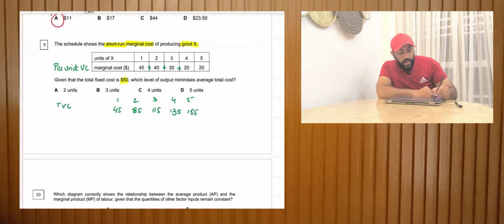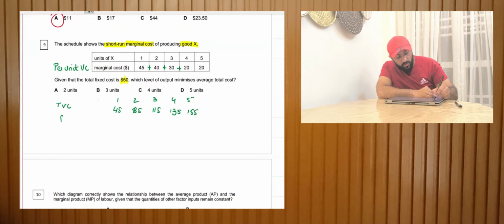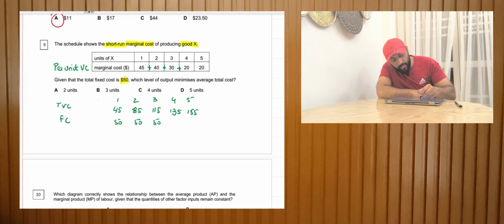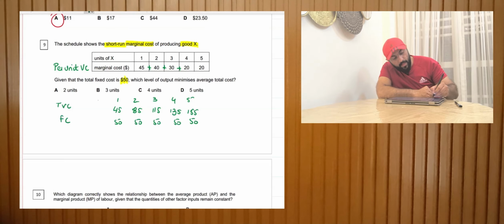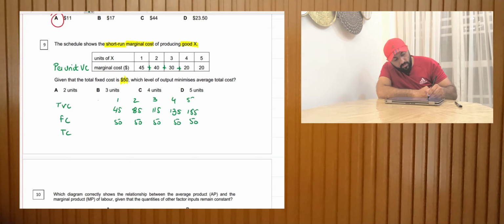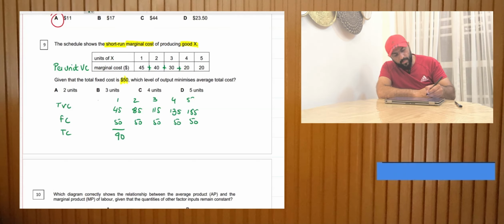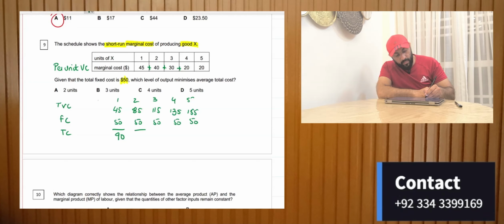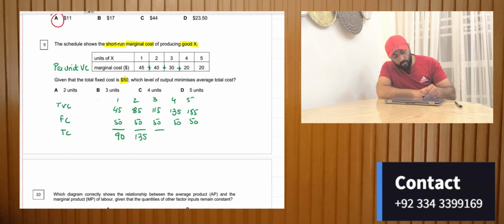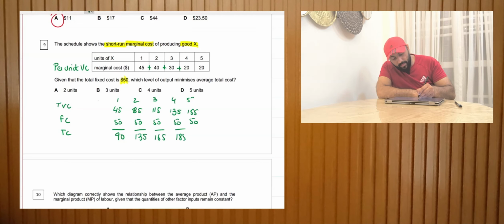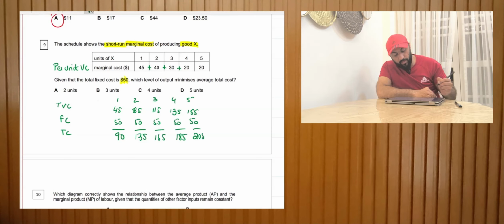Now we just need to add the fixed cost, which is 50, no matter how many units we are producing, and then we can calculate the total cost, which is the sum of variable cost and fixed cost. And this gives me 95, this gives me 135, this gives me 165, this gives me 185, and this gives me 205.